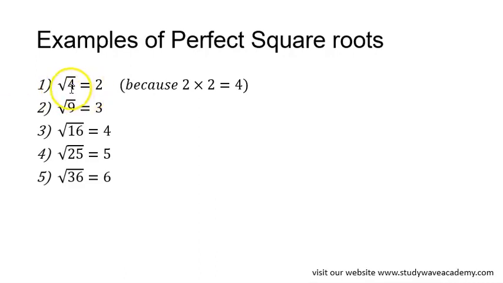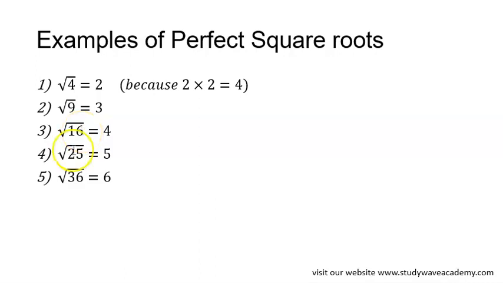So another example of a perfect square is the square root of 4 is equal to 2, because 2 times 2 is equal to 4. Finding the number that when it multiplies itself gives the value, that is a perfect square. Okay? Now the square root of 9 is equal to 3 because 3 times 3 is 9. So it's a perfect square. The square root of 16 is 4 because 4 times 4 is 16.